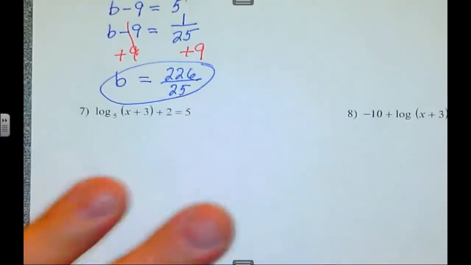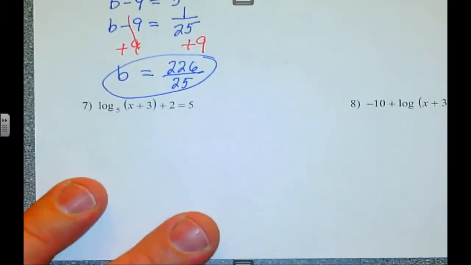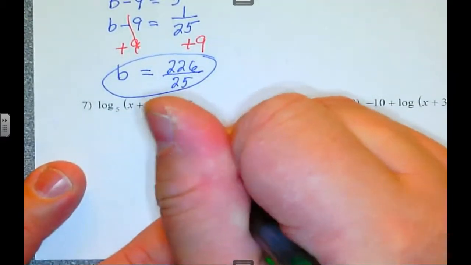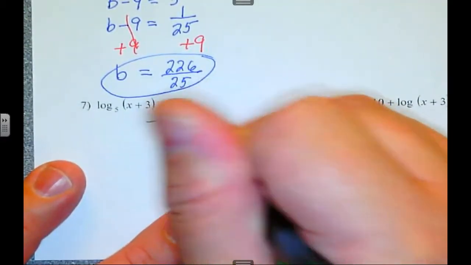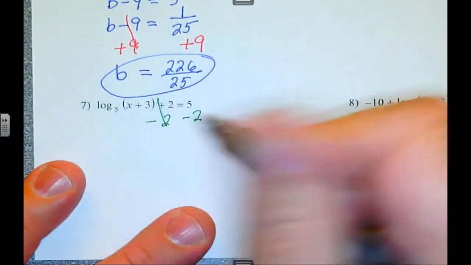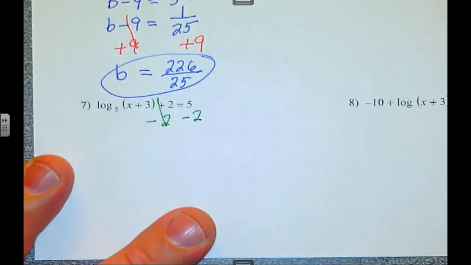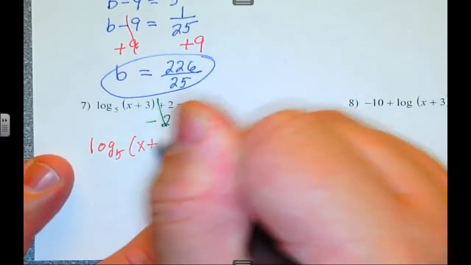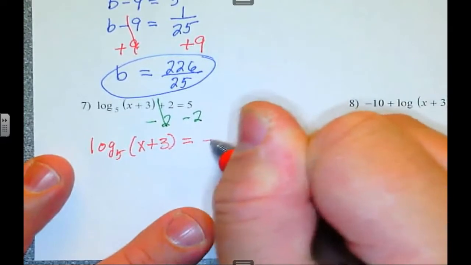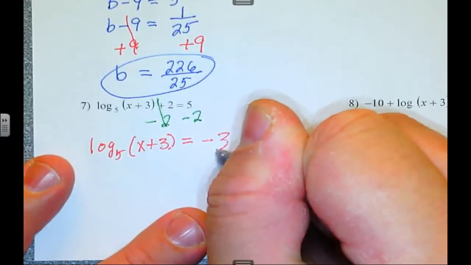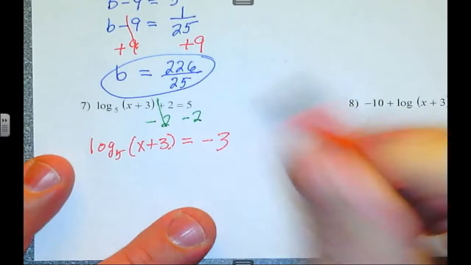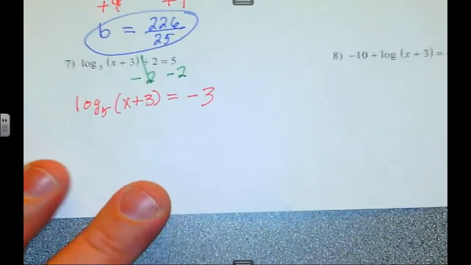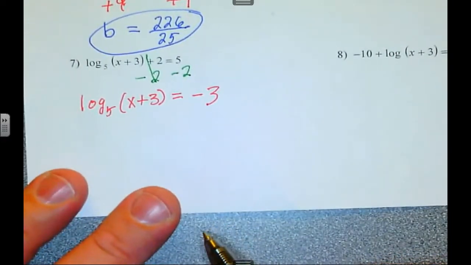Right, number 7. We could do number 7. Subtract 2 from both sides. So I get log base 5 of x plus 3 equals negative 3.